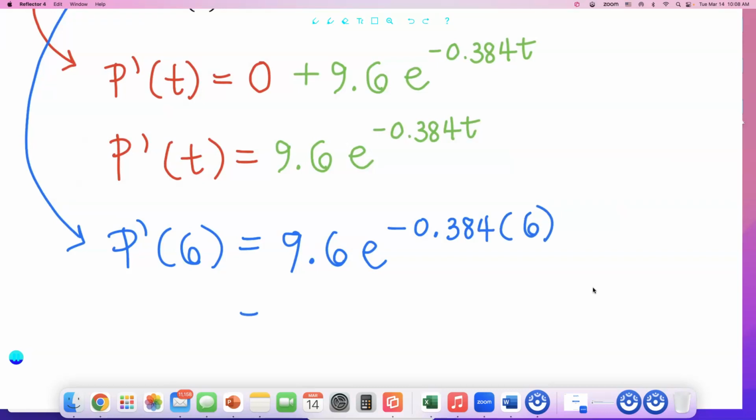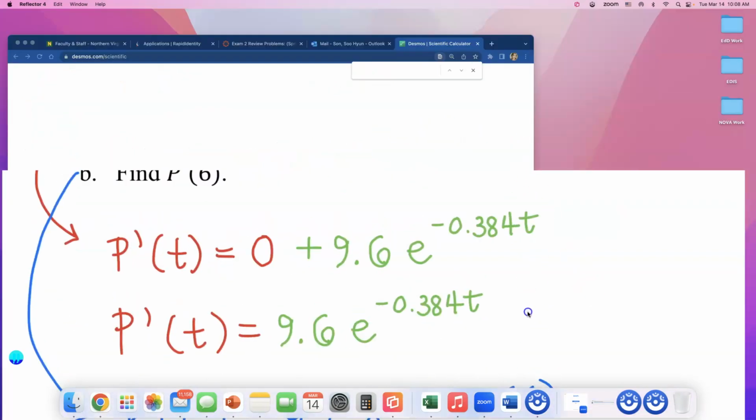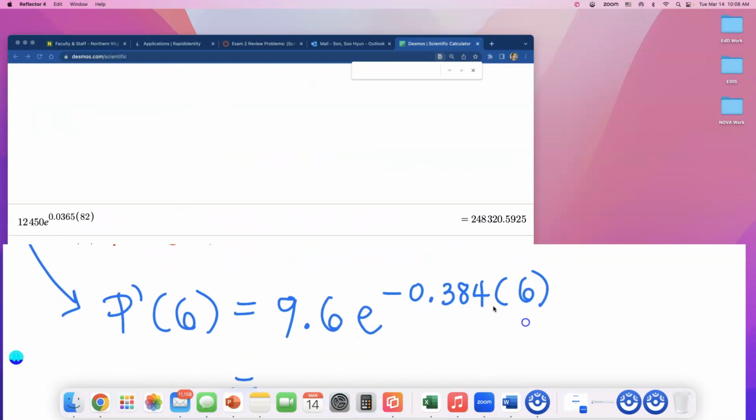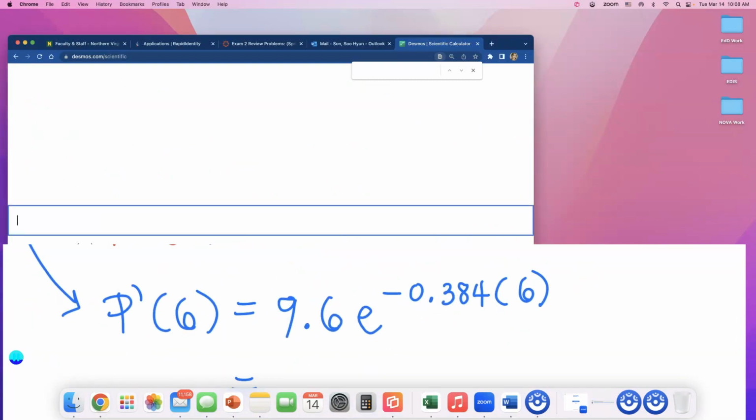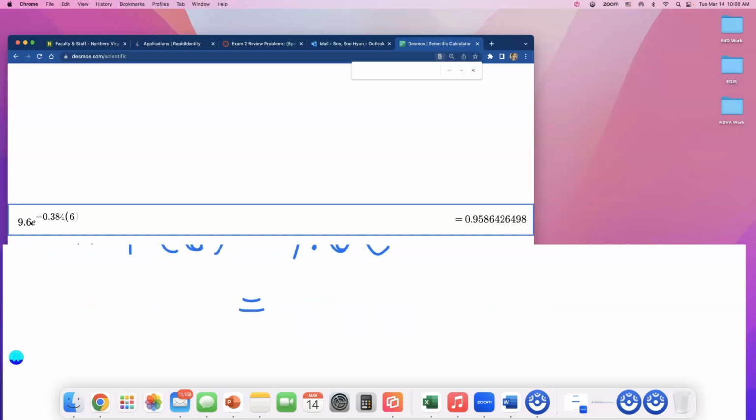Here we will need a calculator. I'm going to get a calculator open. I was just using it for another problem here. So I'm doing 9.6 times e raised to the negative 0.384 times 6. So in 6 weeks, the value of a share of stock is increasing by 96 cents per week.